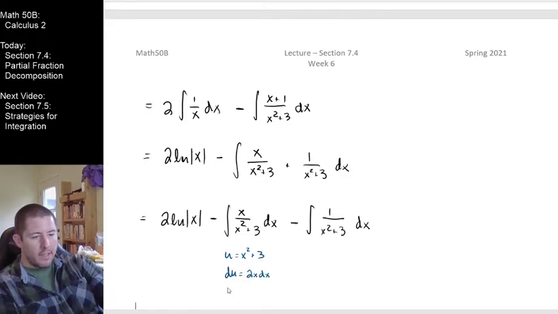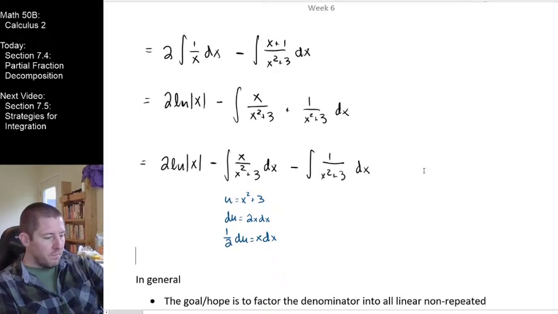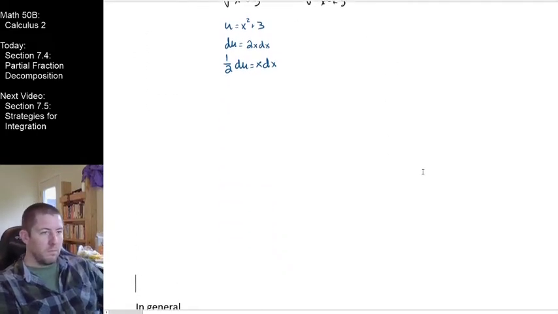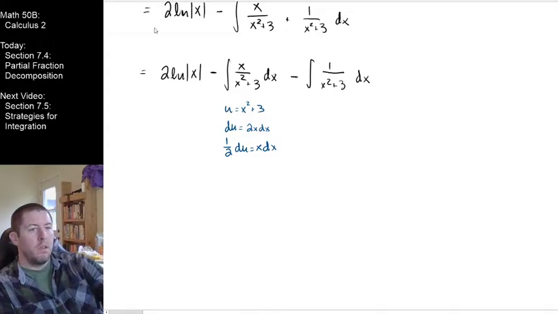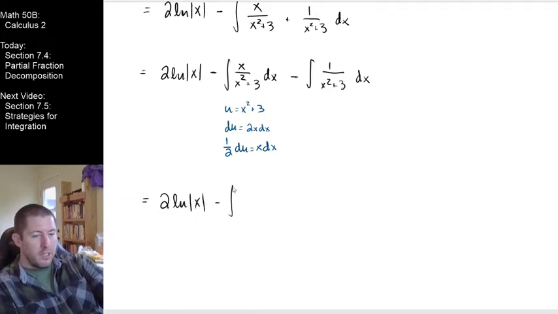I only have a 1x, so I'm going to move that 2 over. And it looks like that's going to be good to go for that integral right there. So if I'm doing the ones I've already got, then it looks like we're getting, this is just going to now turn into 1/2 1 over u du.